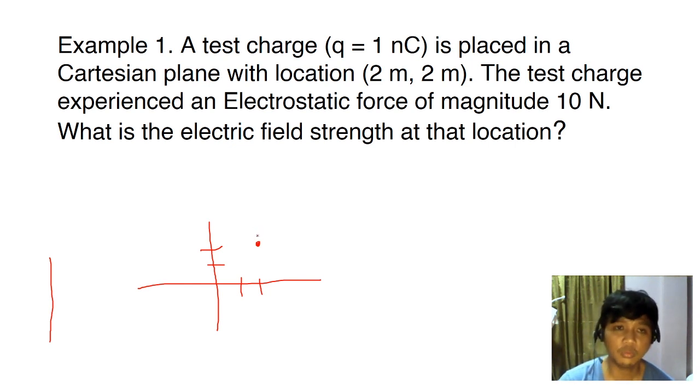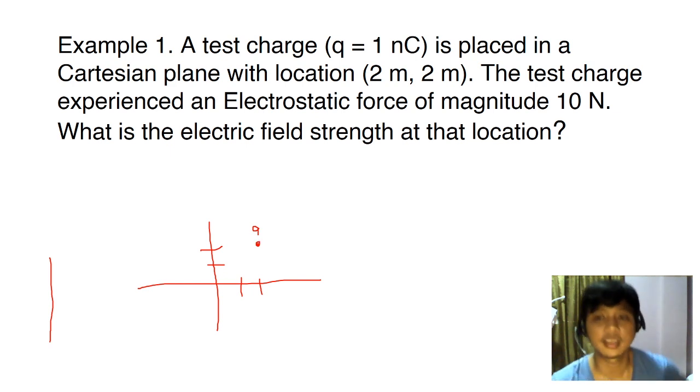So what is the purpose of putting a test charge there? The purpose is to figure out if there is an electric field at that point in space. It turns out that indeed there is an electric field at that point, because that test charge, according to the problem, experienced a force of 10 newtons.